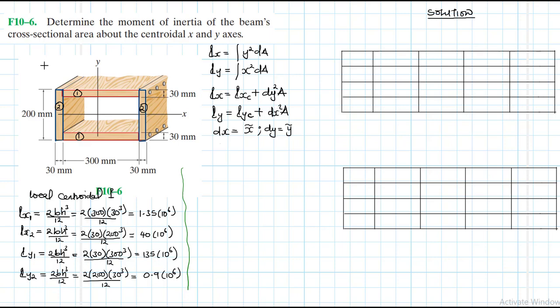And then what else? Let's find the area. So area 1, again there are 2 areas, so 2 times L times b, which is 2 times 300 times 30.